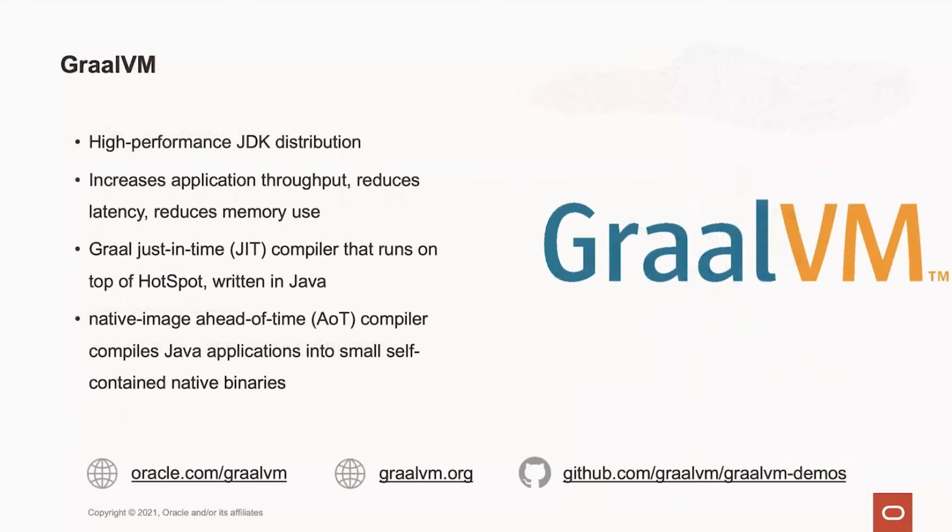So Sean talked a bit about GraalVM, but let me just hit a few bullet points. It's a high performance JDK distribution. The JIT compiler is written in Java, as compared to HotSpot, which is written in C++, so huge benefits there.